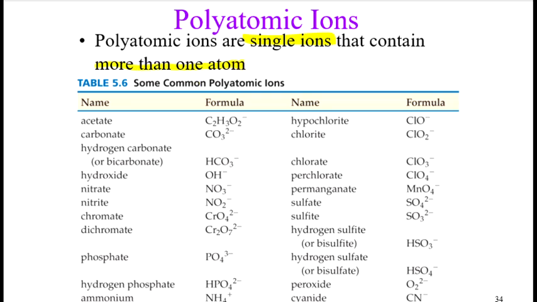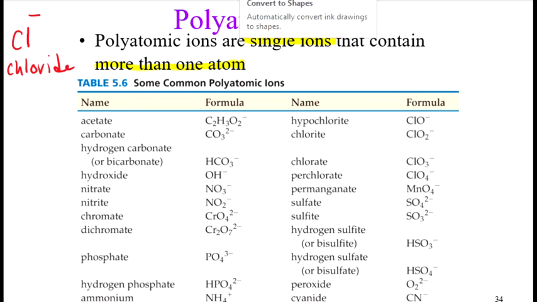Look here, for example, if I say Cl, 1 negative, you call that chloride. But here in this example, ClO, 1 negative, more than one atom. ClO2, 1 negative. ClO3, 1 negative. ClO4, 1 negative. NO3, 1 negative. In all of these examples, we have more than one atom in the formula. We call that polyatomic ions.